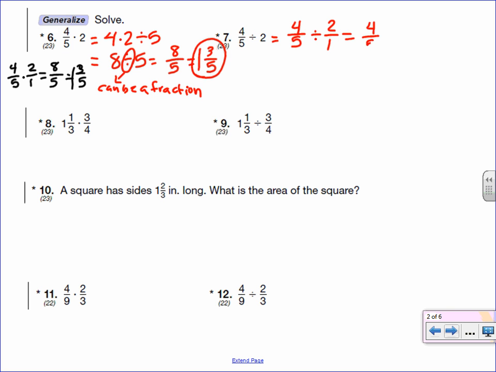So 4/5 times 1 over 2. So dividing by 2 is the same thing as multiplying by a half. And then 4 times 1 is 4, 5 times 2 is 10. And if we reduce that by dividing by 2 on the top and the bottom, we have 2/5.